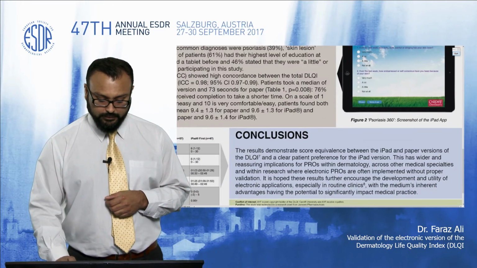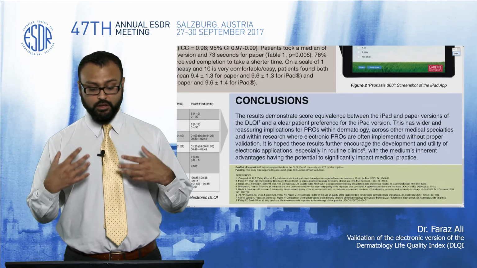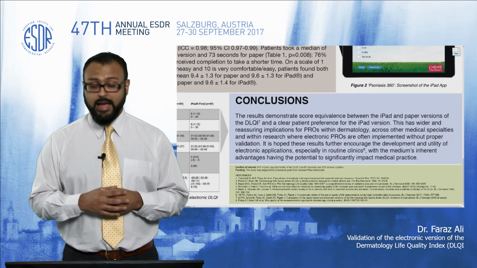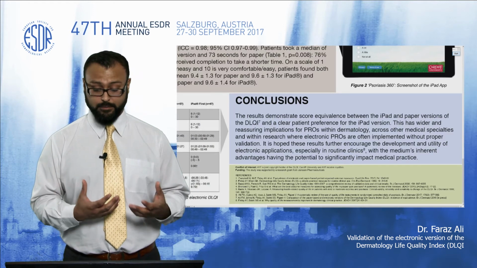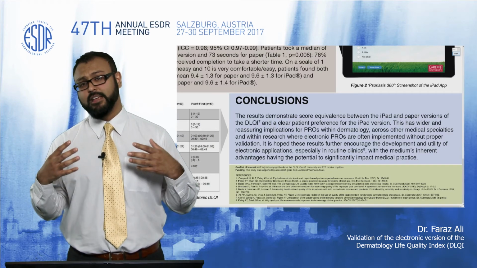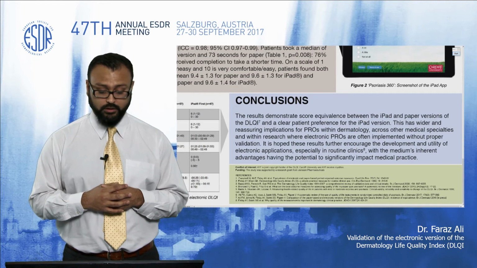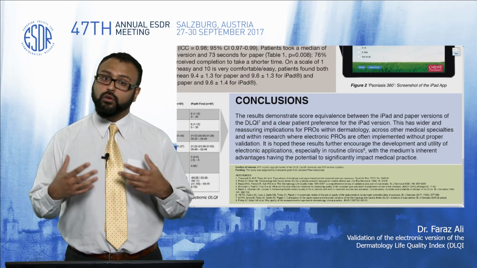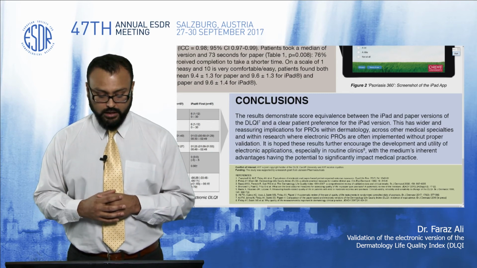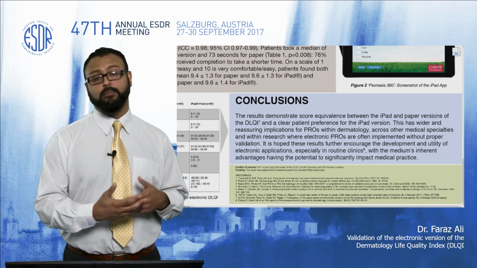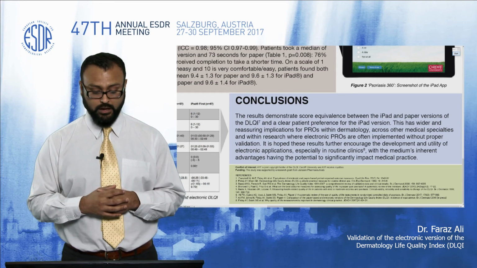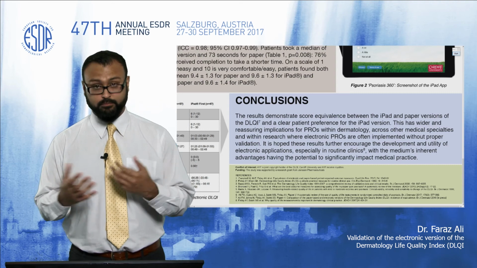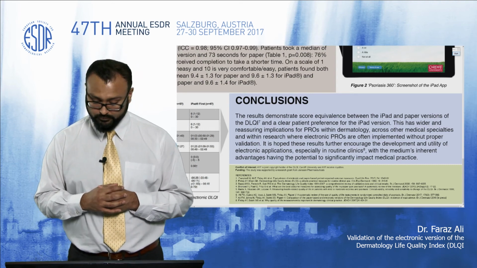So in terms of conclusions now, we think that the results demonstrate a good equivalence between the paper and the iPad versions. And there was a clear patient preference for the iPad version. And this has a wide implication in terms of using patient-reported outcomes in dermatology, but also across other medical specialties. And this can pave the way for using electronic patient-reported outcomes without much concern in the research field.